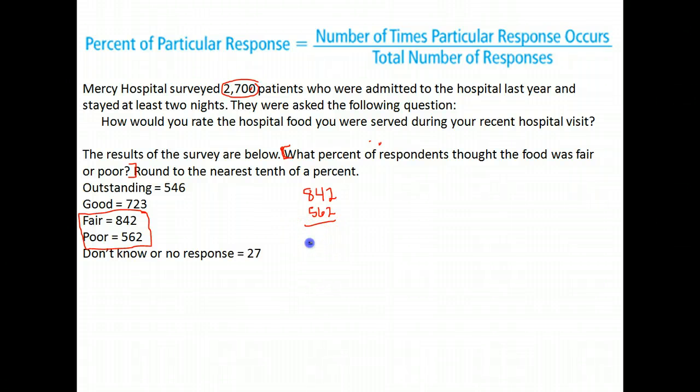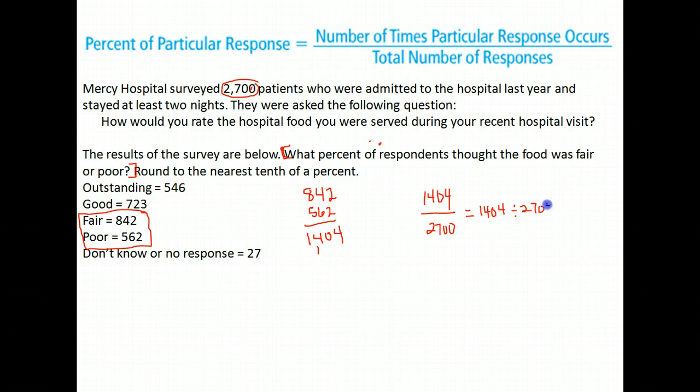That gives us a total of 1,404. Now as we take a look at that, we want that out of the total number of responses, there were 2,700 responses. So 1,404 out of 2,700 thought the food was either fair or poor.